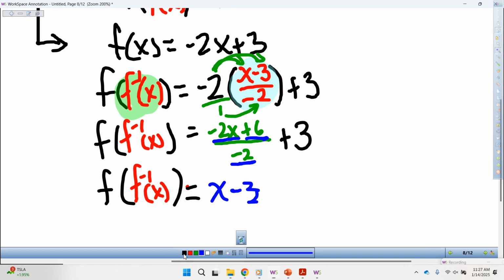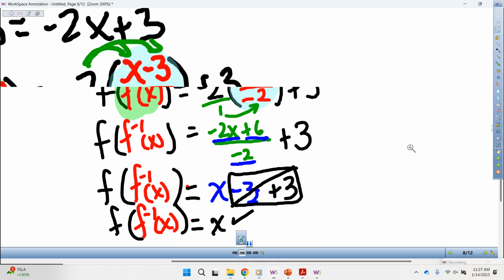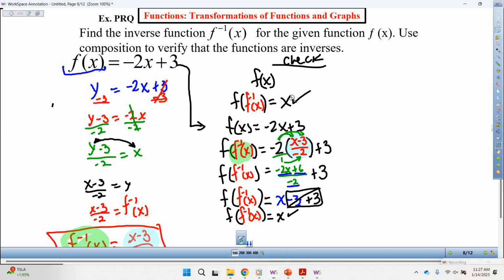And then bring down the plus 3. One more step. The left side stays the same. Can we combine anything here? Yeah, what is negative 3 plus 3? Cancel, and what do we have left? x. Did we get what we were checking for? Yes, Mr. Q. All right, there it is. Did we end up with x? Yes.